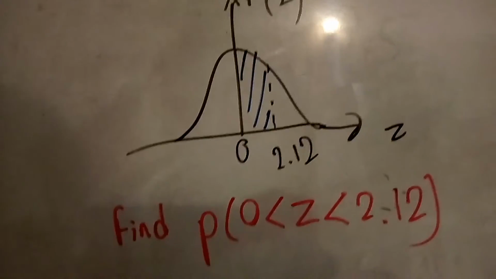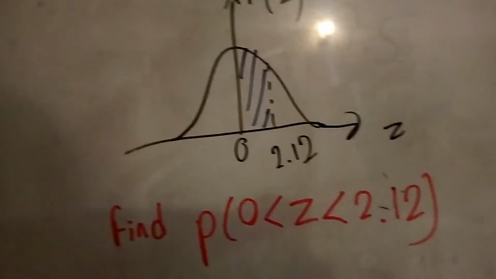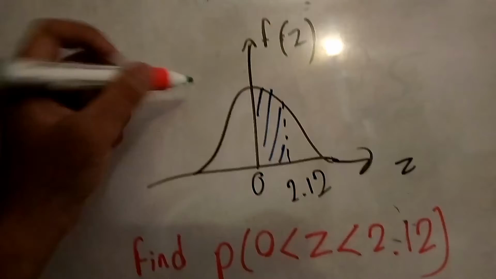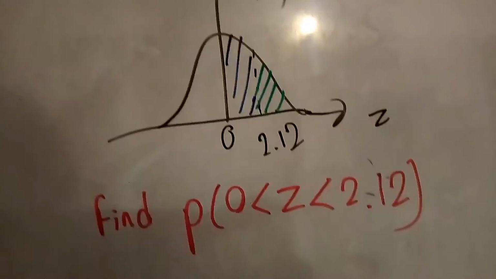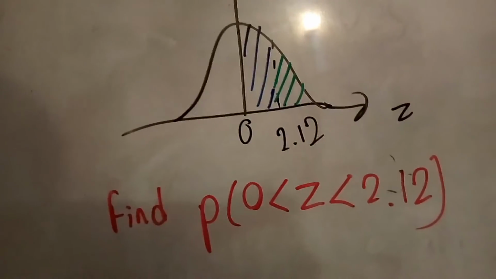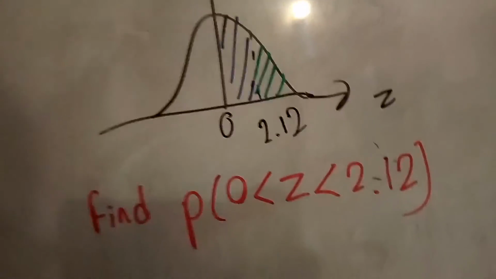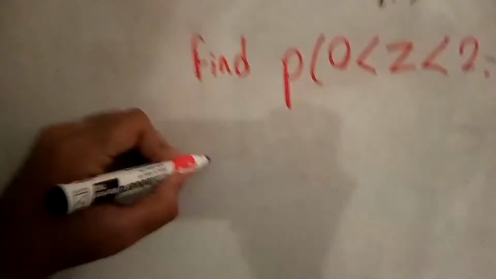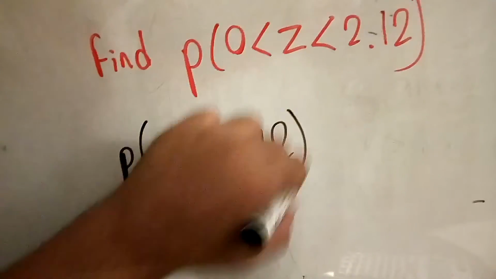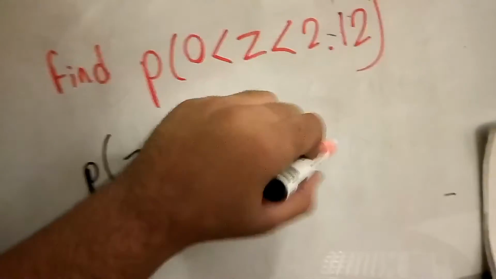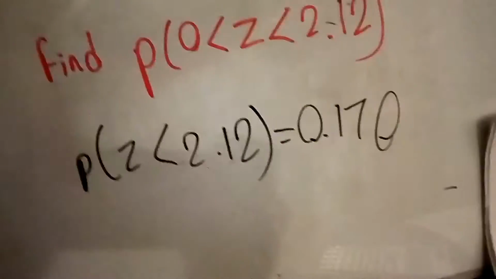First, we need to find this area. It may seem weird, but bear with me, it'll all make sense in the end. So P(z > 2.12) is 0.0170 as per previous calculations.